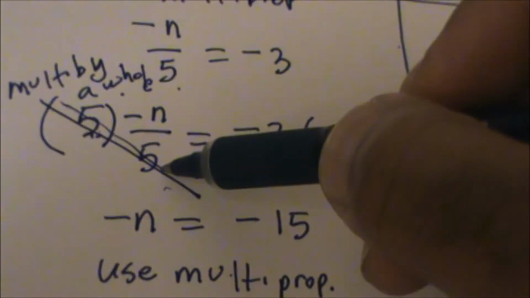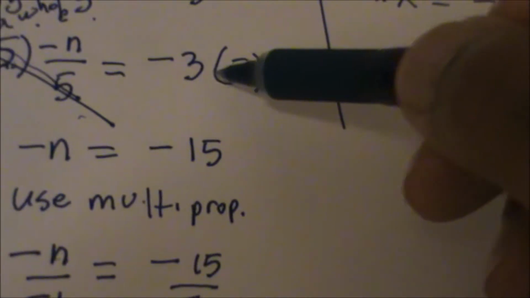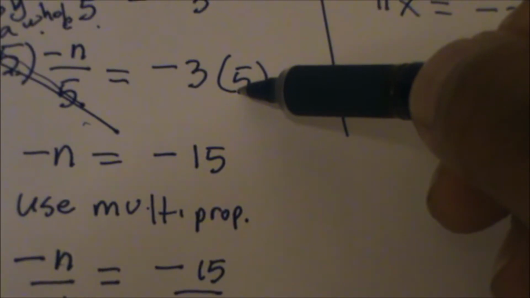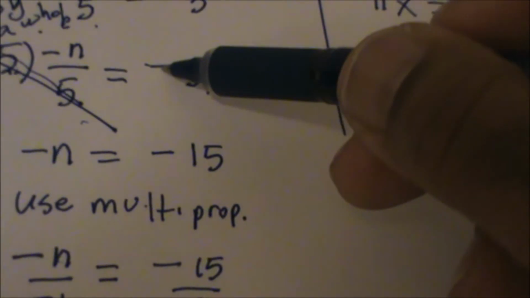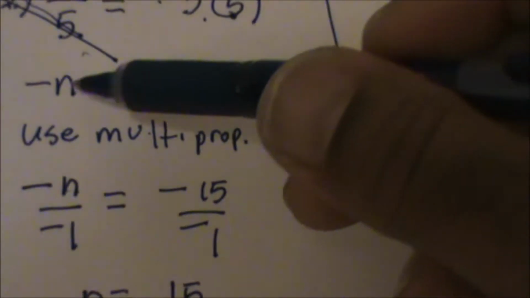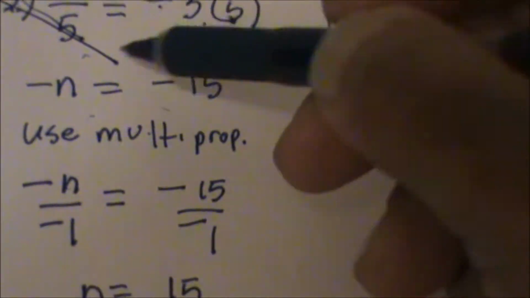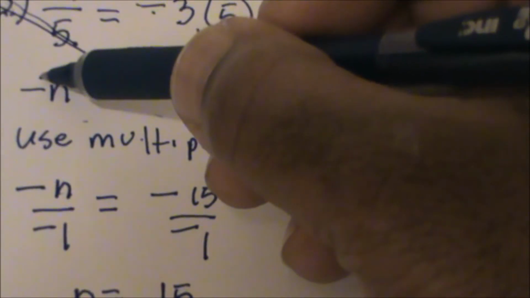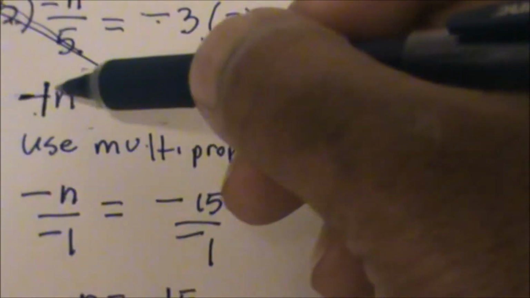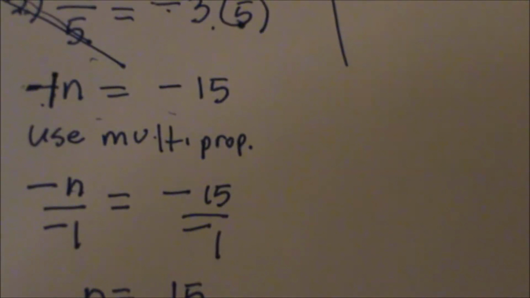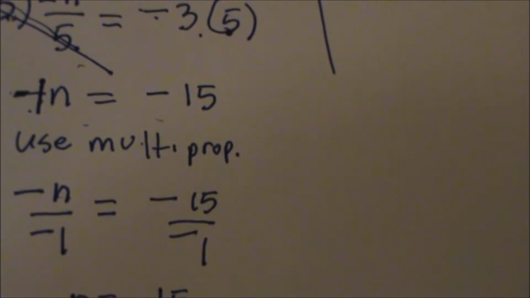This cancels out the 5. And we multiply by the same 5, which is the same positive number, on the right side. So it's negative 3 times 5. Then we have negative n. Now look, this is understood to be a negative 1. If there's not a number in front of a variable, it's understood to be 1.